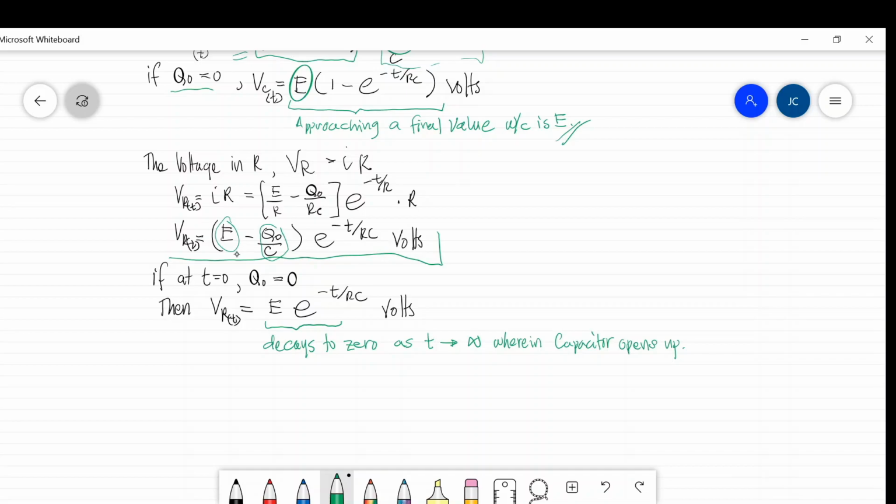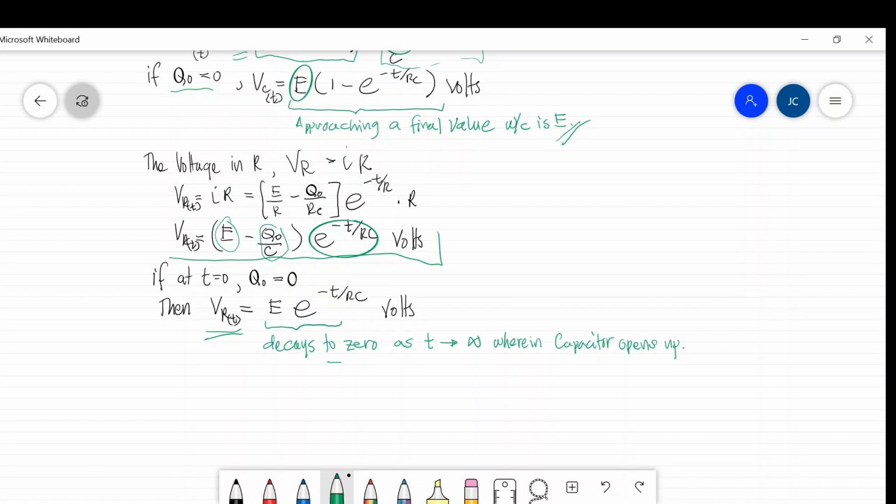So the voltage in R is affected by the charge stored in the capacitor, and it is in the form of decaying. If Q sub O is 0, then the voltage across the resistor is simply coming from the supply voltage, and it is in decaying form.